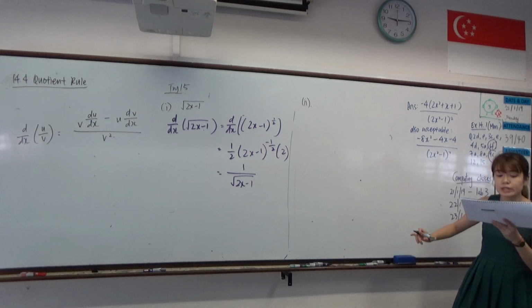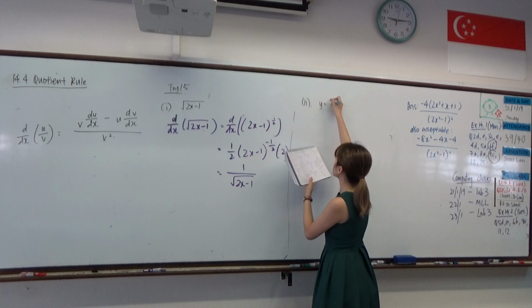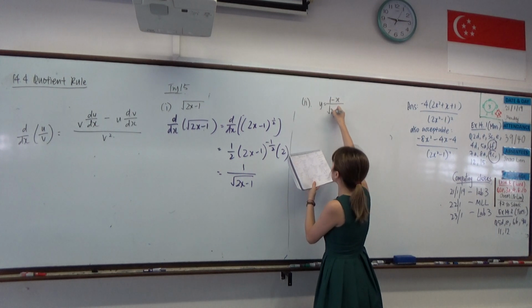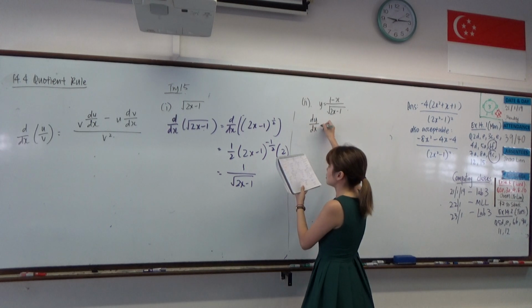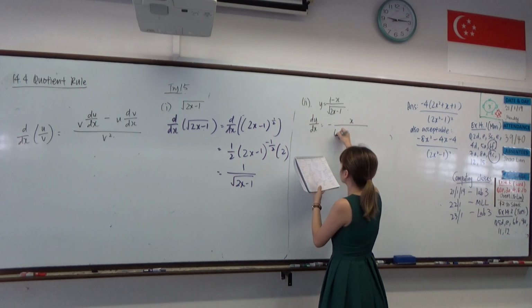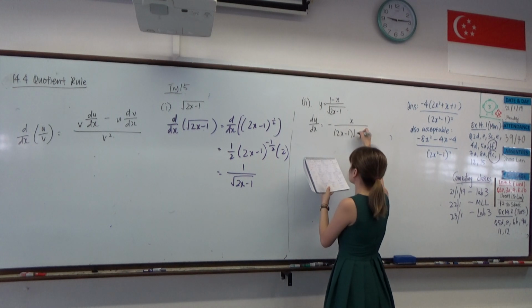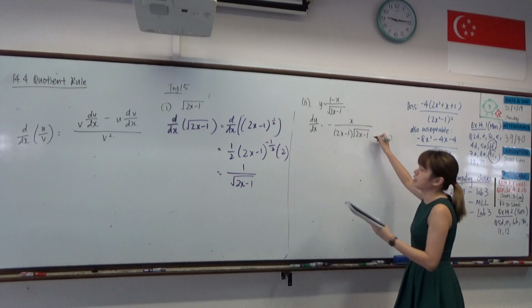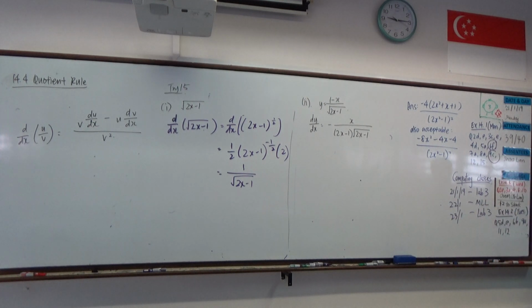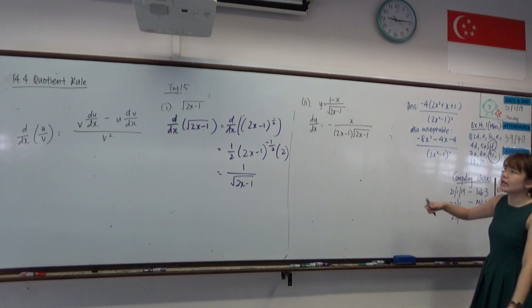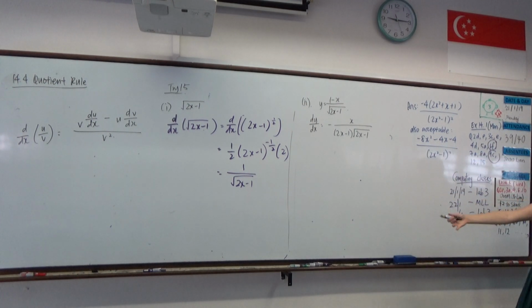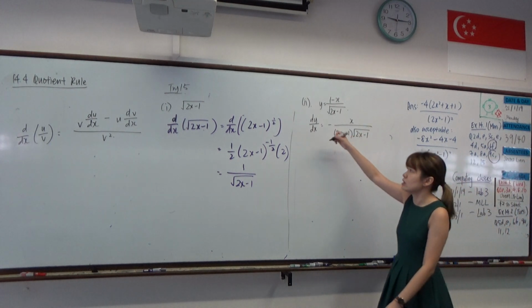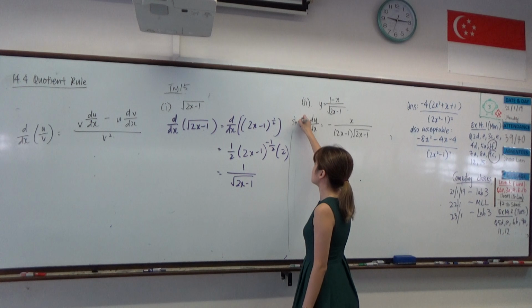After that, in part 2, they want you to differentiate this, whereby the derivative that you should get would be this. So it is common that in your differentiation question, when there is an algebraic fraction involved, usually how the question will be set is that they will actually specify the form that your answer should be. So in this case, you need to actually show this as your answer.